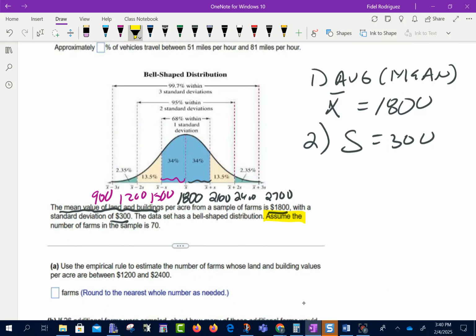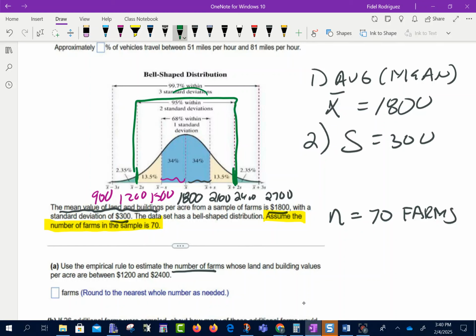Okay. Now, I'm going to keep reading here. It says, assume the number of farms is 70. Okay, so look, y'all, my N, that just tells me how many farms we had. We had 70 farms here, okay? Now it says use the empirical rule to estimate the number of farms whose land values are between 1,200 and 2,400. So look, y'all, here's 1,200, here's 2,400.